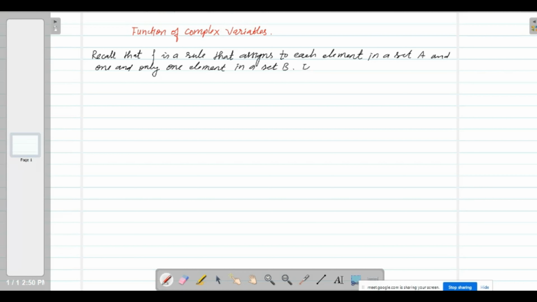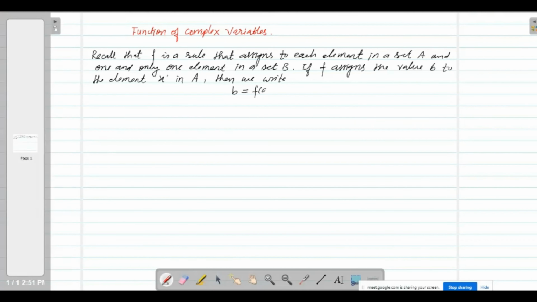Now if f assigns the value b, small b, to the element small a in A, then we write this function as b equal to f of a.